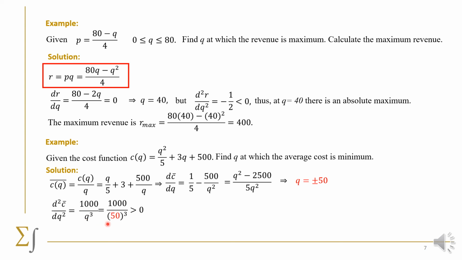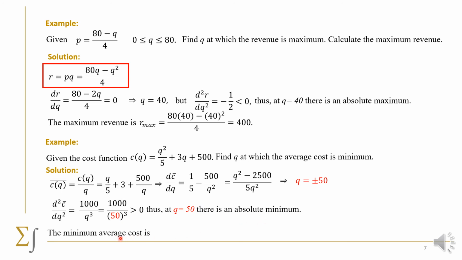When we evaluate it at 50 and cube the 50, we get something positive, which tells us that at quantity equals 50 units, the average cost is minimum. We get an absolute minimum because it's the only value for q.